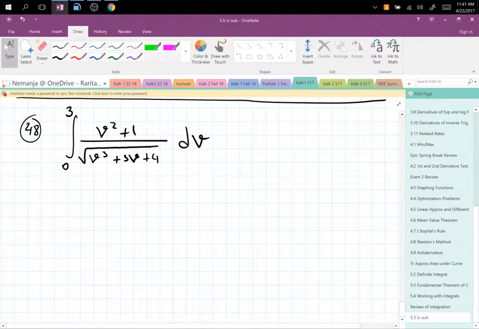It's awesome. Figure out the function derivative pair, play with it a little bit.